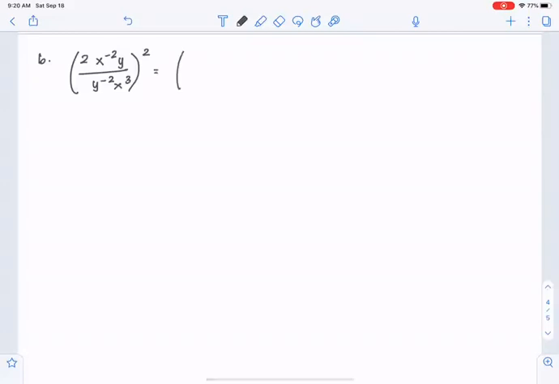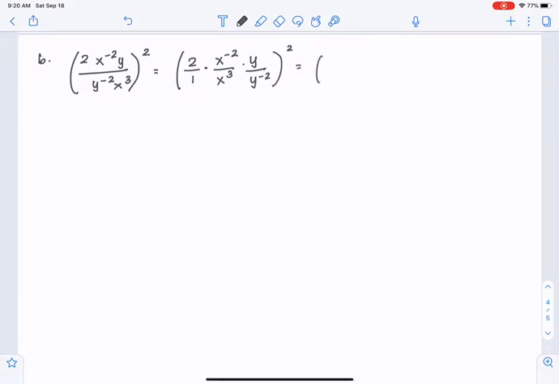So group all the x terms. And we are doing it this way because, or I am doing this way because you guys are still learning. But with practice, you don't have to go through all these steps. If you practice well enough, it'll come naturally to you.